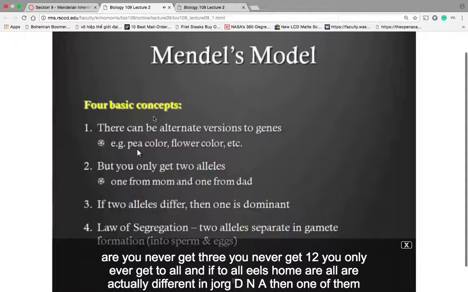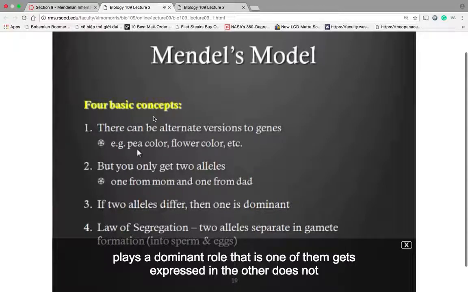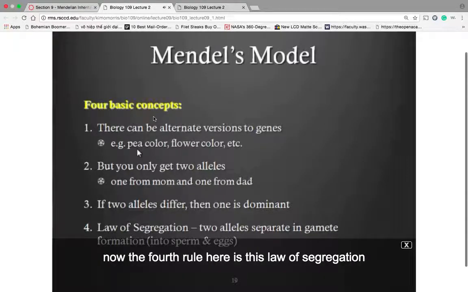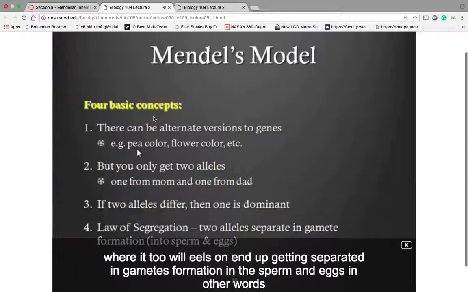If the 2 alleles are actually different in your DNA, then one of them plays a dominant role. That is, one of them gets expressed and the other does not. Now, the 4th rule here is this law of segregation, where the 2 alleles end up getting separated in gamete formation into sperm and eggs.